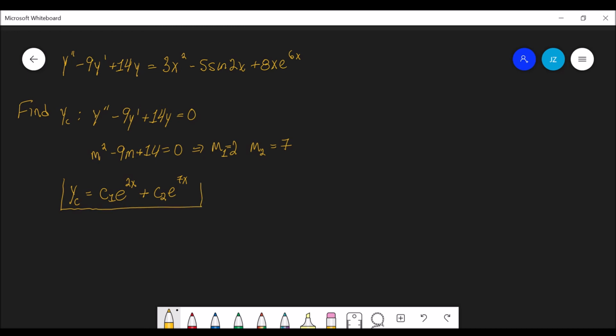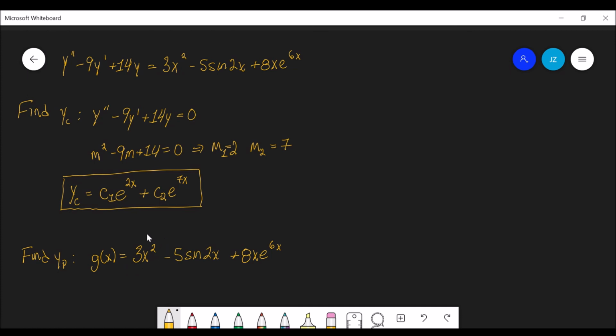Now we'll just store this in the back of our minds for now, because now we need to find y sub p. So to do this, we make note of our g of x. And we notice that g of x is actually the sum of 3 functions.